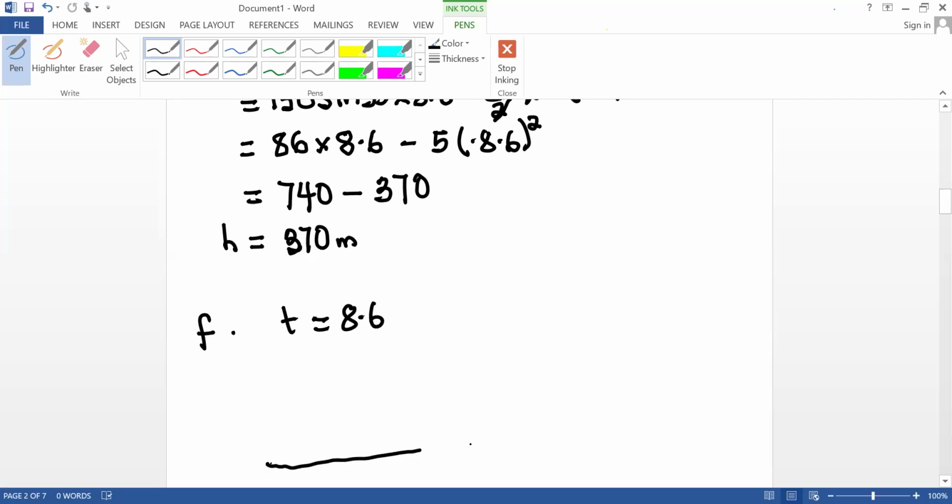acting on the body. Supposing this is a sketch. This is the position where at time t equal to 6 seconds, we have the vertical velocity and the horizontal velocity.